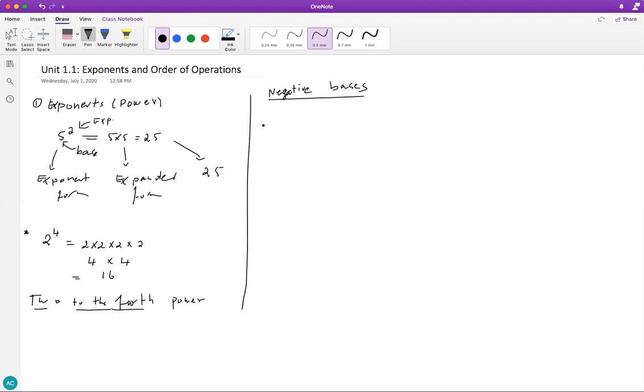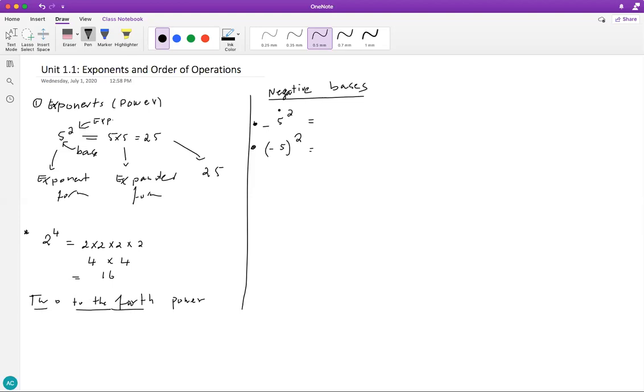But sometimes you may see a negative there. For example, you could see negative 5 to the 2nd, or another example like this, negative 5 with parentheses. So these are completely different. They both read as negative 5 to the second, but the difference is the parentheses. So the outcome of these two is not the same.